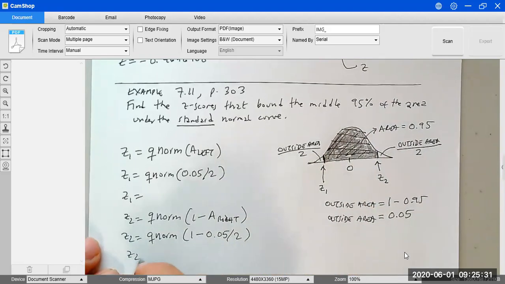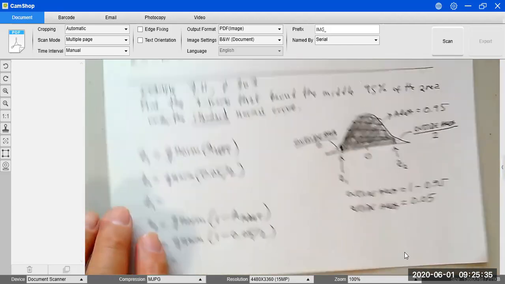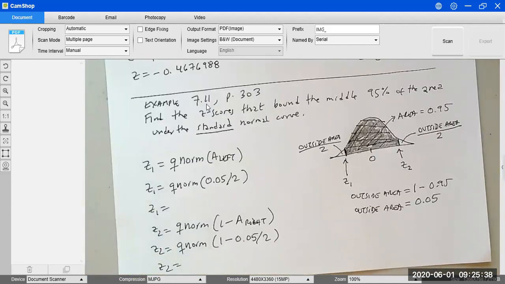So let's just do these computations to finish our problem. Let's move on to our R console now.